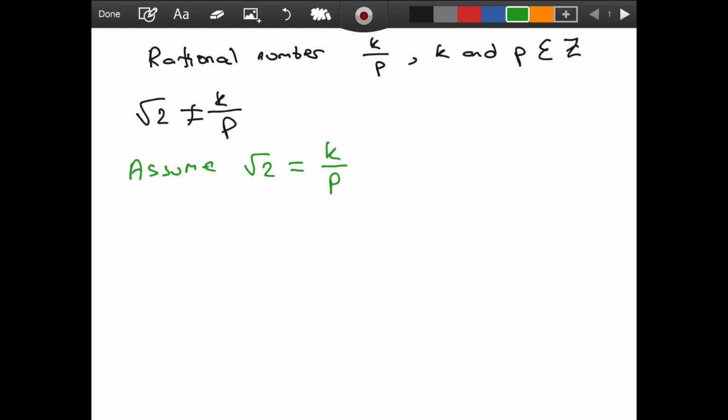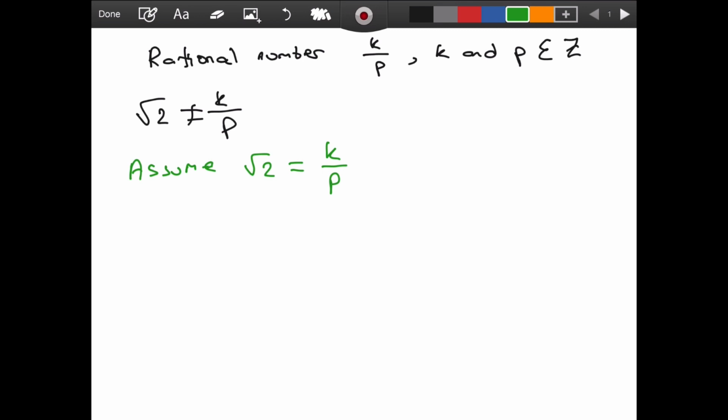I make this assumption and I will do some calculations, some algebraic manipulation, and at the end I will arrive at a result. If that result does not make sense, if there is a contradiction in the result, I will say, hey, look, up to this point I did everything correct. Throughout the calculations, there was not a single mistake.